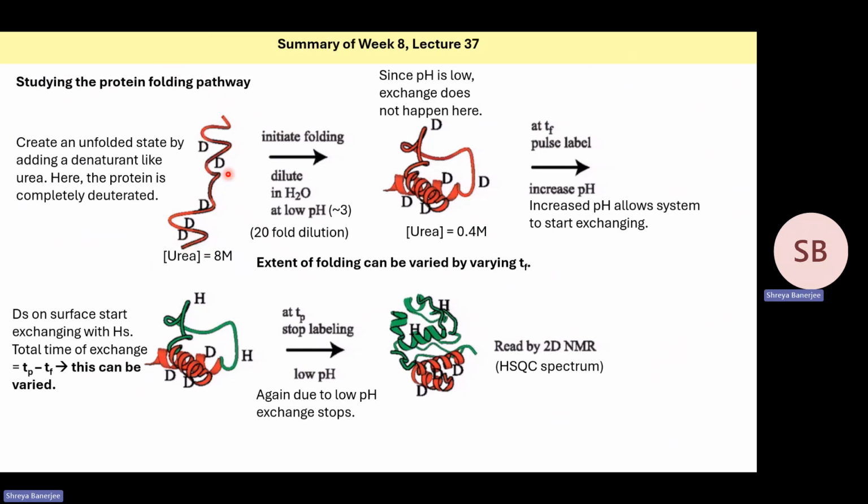So if it is unfolded, all the hydrogens are replaced by deuterium. So the protein is completely deuterated. Now you are slowly initiating the folding process by adding water at low pH. So when you add water, the deuteriums will exchange with water slowly.